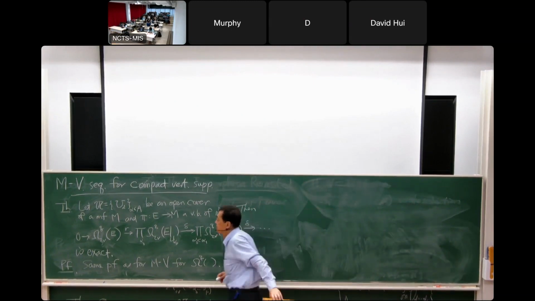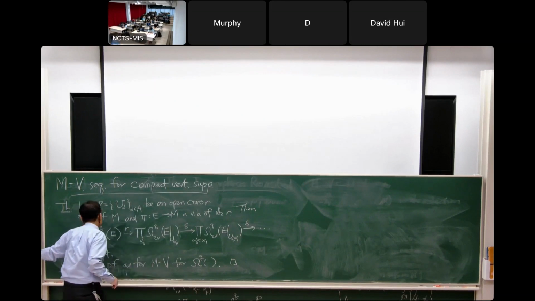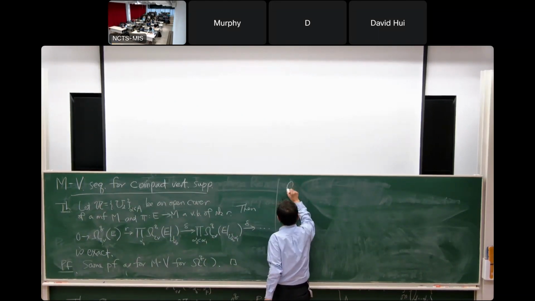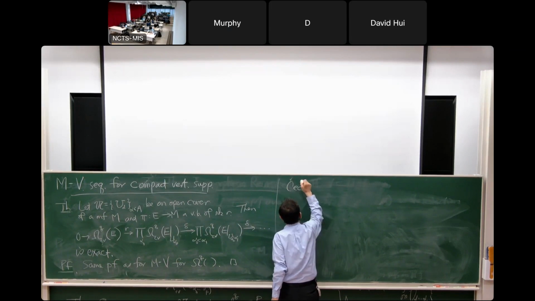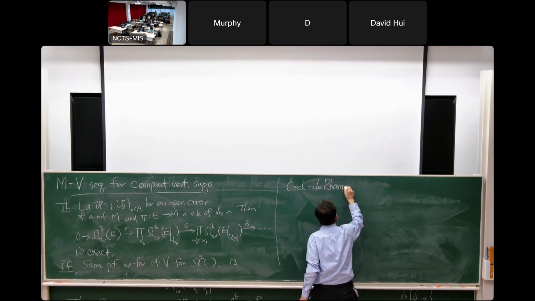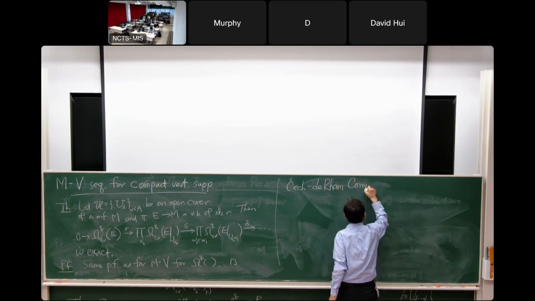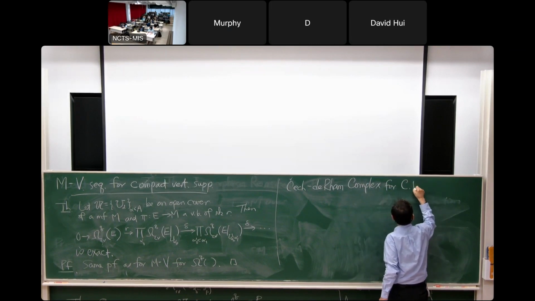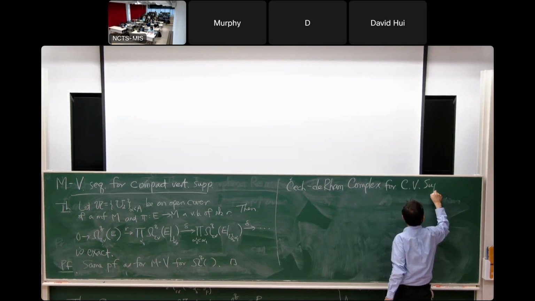So let's write down the Čech-de Rham complex for compact vertical support.